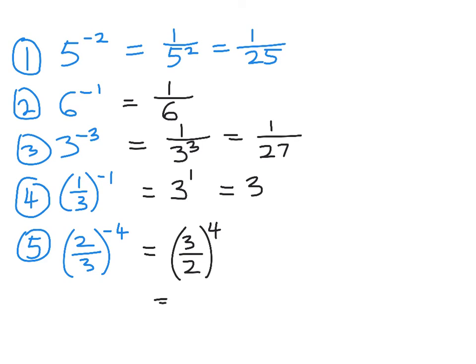Now that equals 3 to the power of 4 over 2 to the power of 4. Running out of space, I'm not going to use a new slide, but I'd like to line up the equal sign in my book if I had a book. And here 3 to the power of 4 is 81, 2 to the power of 4 is 16, 81 over 16, and it's fine to leave it in this context as an improper fraction.